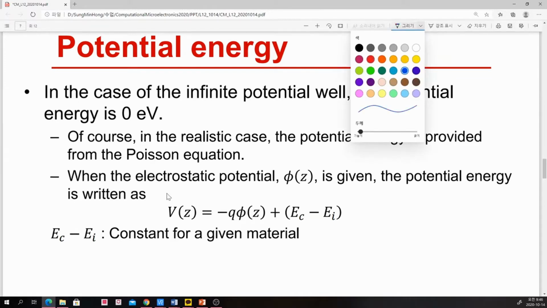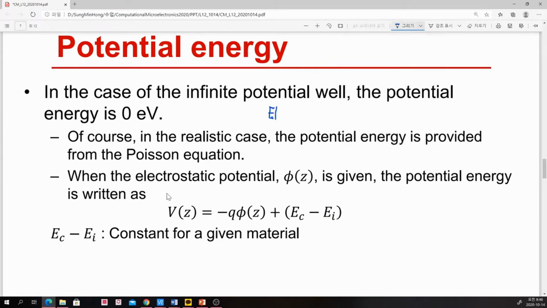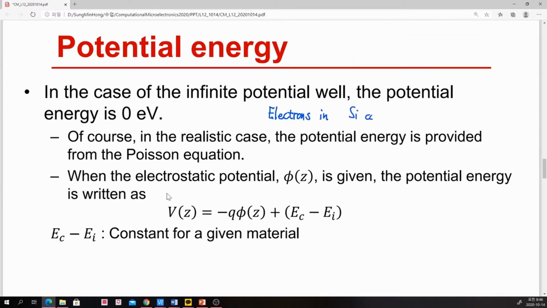So we are now considering the electrons in the silicon conduction band.